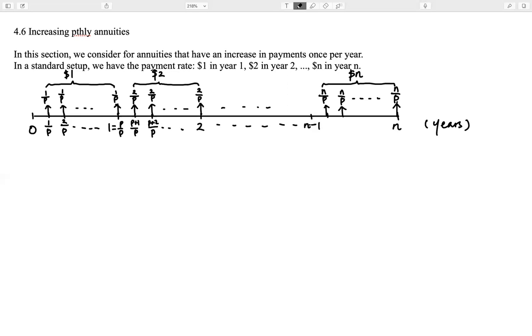If you want to look at a different scale of time unit, that would be 0, 1, this one means the first period, the second period, 3 all the way to P. And then you have P plus 1, P plus 2, goes all the way to nP. So here is each period. Okay, 1 period equals 1 over P number of years. So that is the conversion.